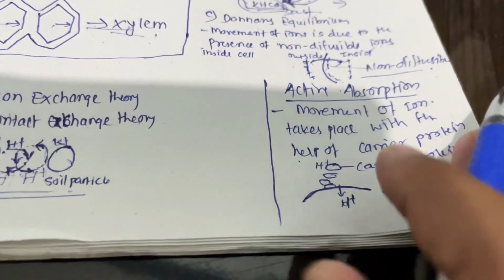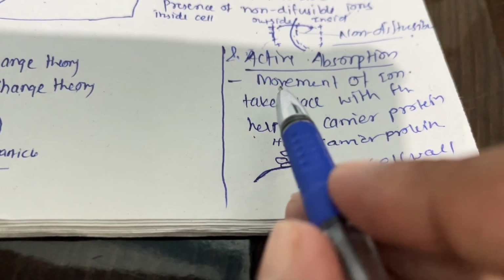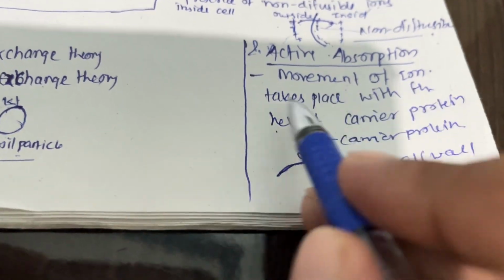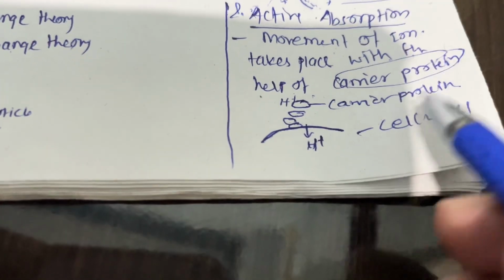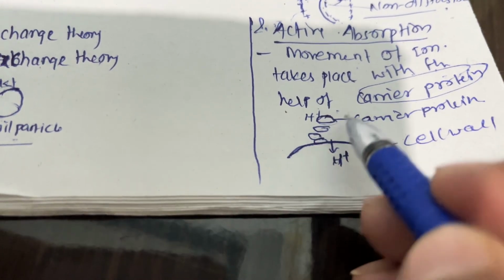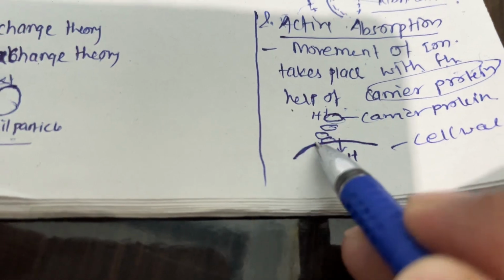Now another one is the active absorption, that is the second type. In this type, the movement of ions takes place with the help of carrier protein. So what is the carrier protein? It means the protein present outside the cell. Suppose this is the cell wall.